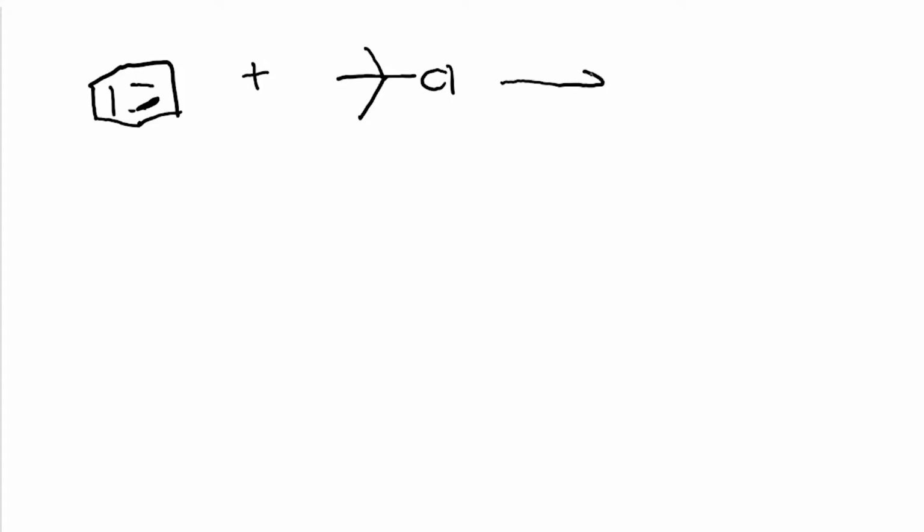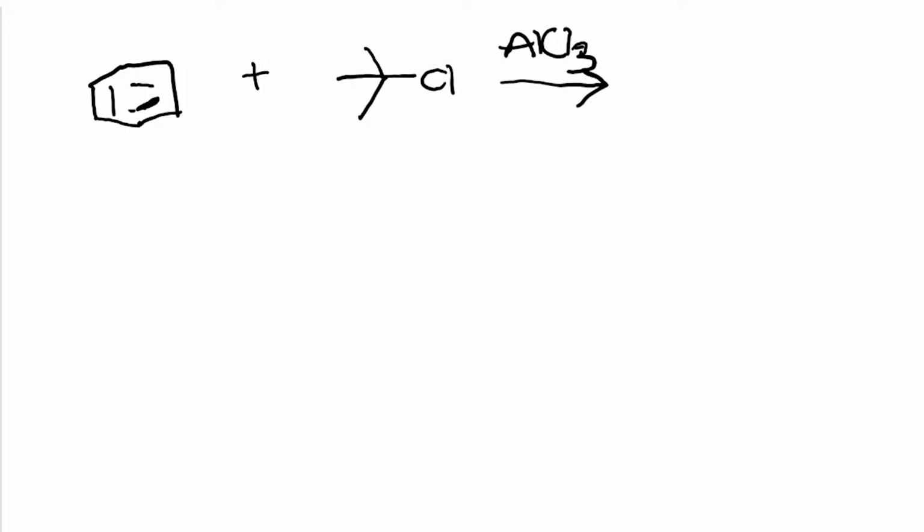So the reaction is as follows. You need to be able to generate a carbocation in the presence of benzene, and one of the ways in which you could do this is to react it with an alkyl chloride in the presence of a Lewis acid, such as AlCl3, right?